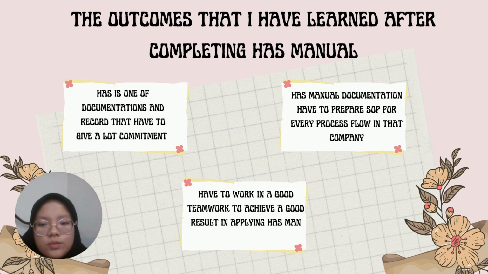And then the second one, HAS documentation requires preparing an SOP for every process flow in the company, which takes a lot of time and responsibility. If the executive doesn't prepare a proper SOP for every process flow, the company cannot define the halal control points, and they cannot take any corrective action.